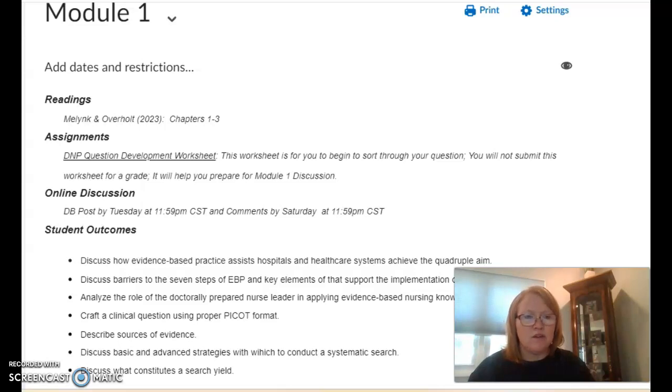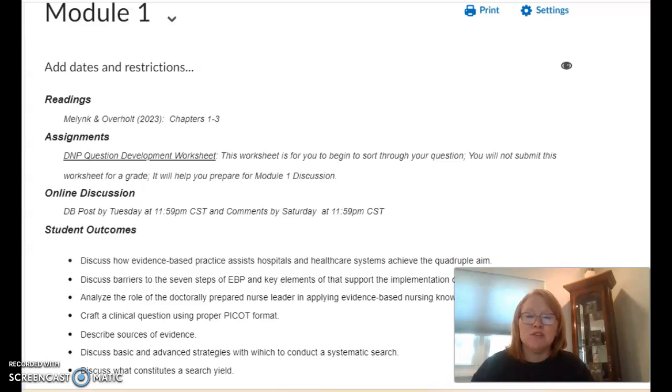What evidence within your organization suggests a change needs to be made, and where does that change need to be made? From there, we will dive into the external evidence, all right, and find out what exactly could be done, what is best practice that perhaps may not be being done, and then that is what you will implement. That is your scholarly project.